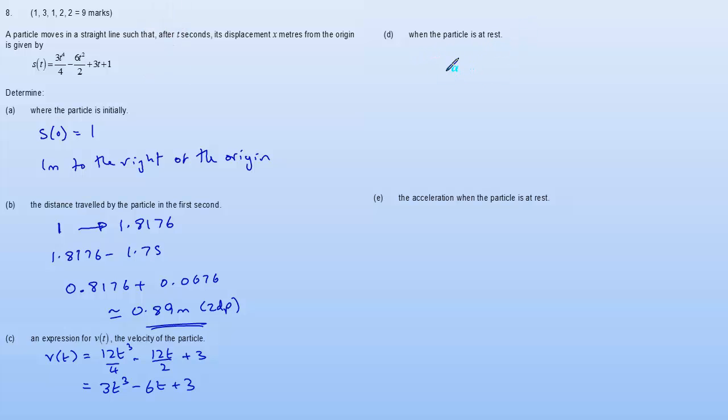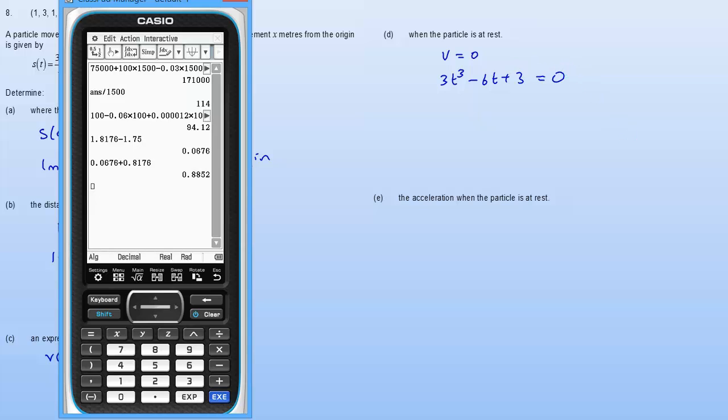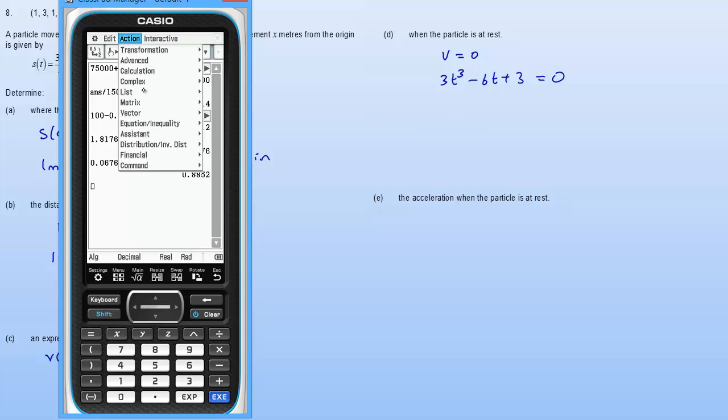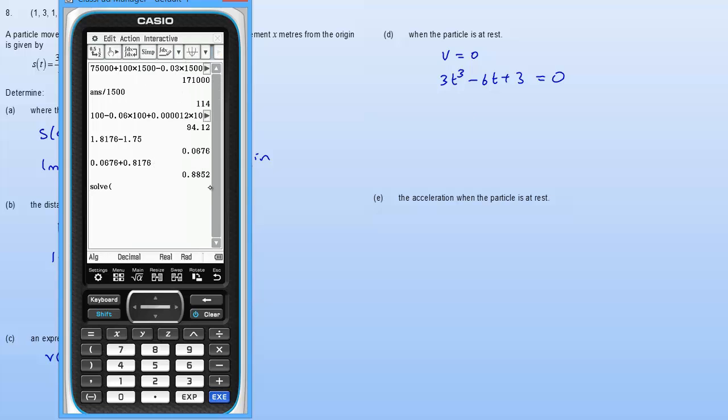When the particle is at rest, so this means that v equals 0, so we've got 3t cubed minus 6t plus 3 equals 0. So let's solve that. Fraction, advanced, solve. So we've got 3x cubed minus 6x add 3 is equal to 0.